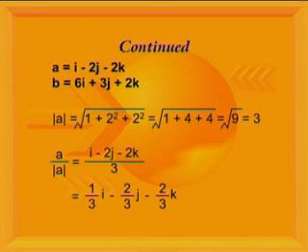The magnitude of vector A will be equal to the square root of 1 square plus 2 square plus 2 square, which is equal to 3.